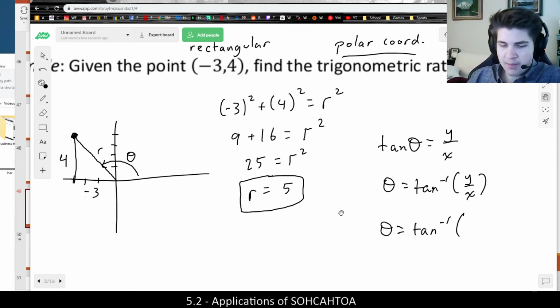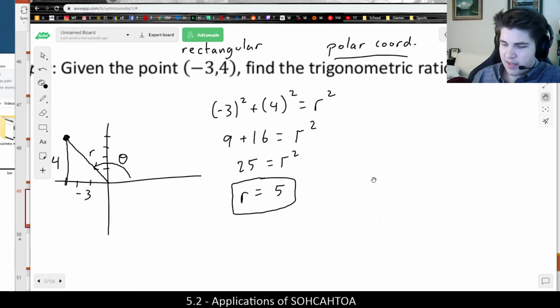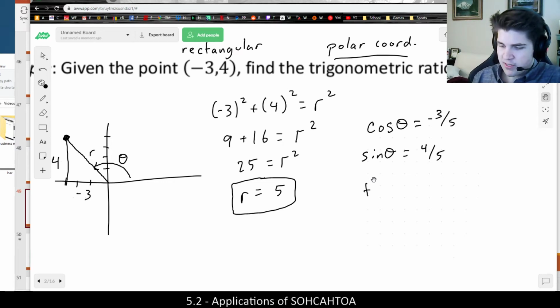But actually, I'm diverting from what the example said to do. What I also said to do is find the trigonometric ratios, which basically means, what is cosine of theta? What is sine of theta, and so on. Even without knowing theta, I know that cosine of theta is always x over r. Sine is y over r. Tangent of theta is y over x.